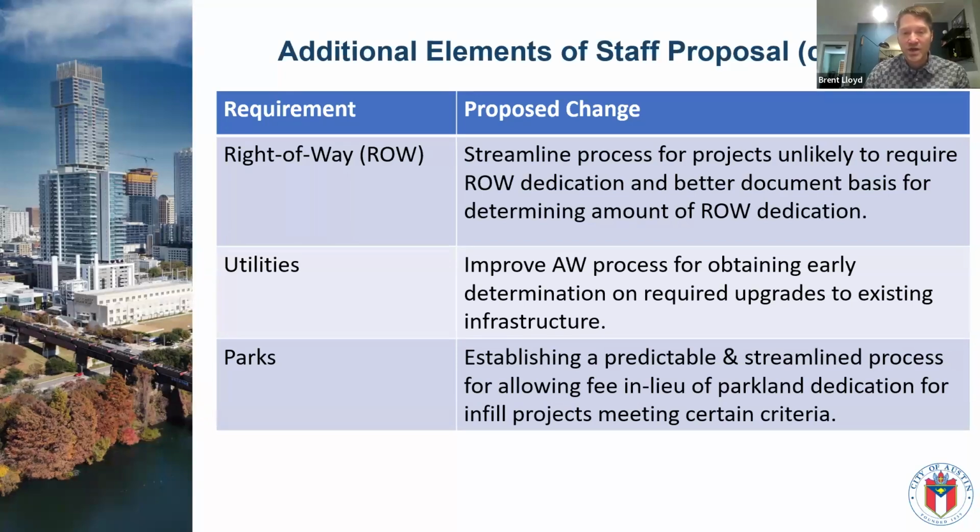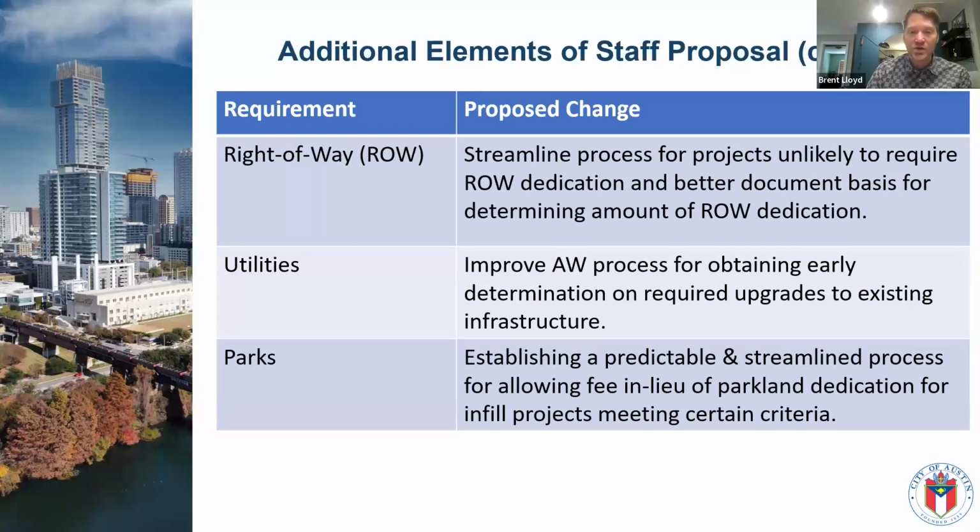Utilities are challenging, and we believe that further work is necessary on this. And we have, as many of you know, the Technical Advisory Review Panel, which is a DSD-led stakeholder group that includes staff participation as well as design professionals. And we have the rules administrator who leads that group with us today.